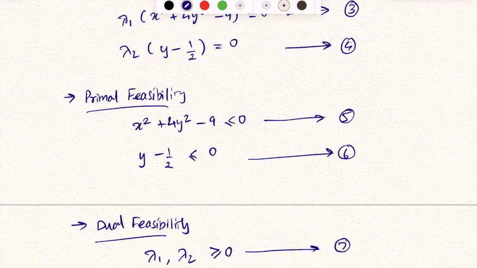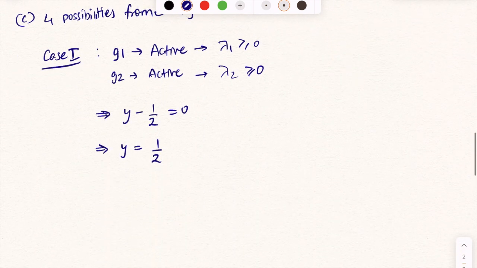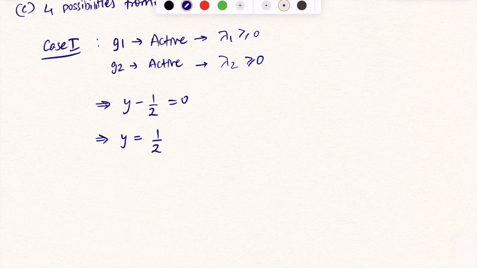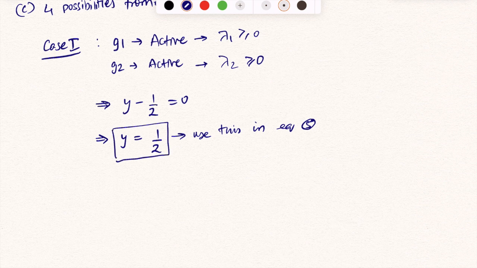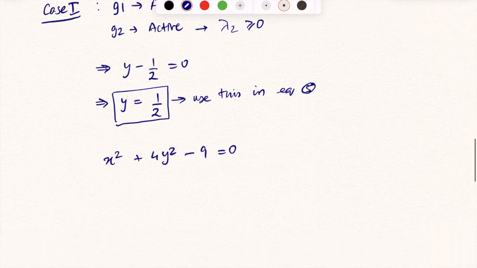We have a value for y, so we can try to find a value for x. Using this in equation 5, you end up with x squared plus 4y squared minus 9 is equal to 0.